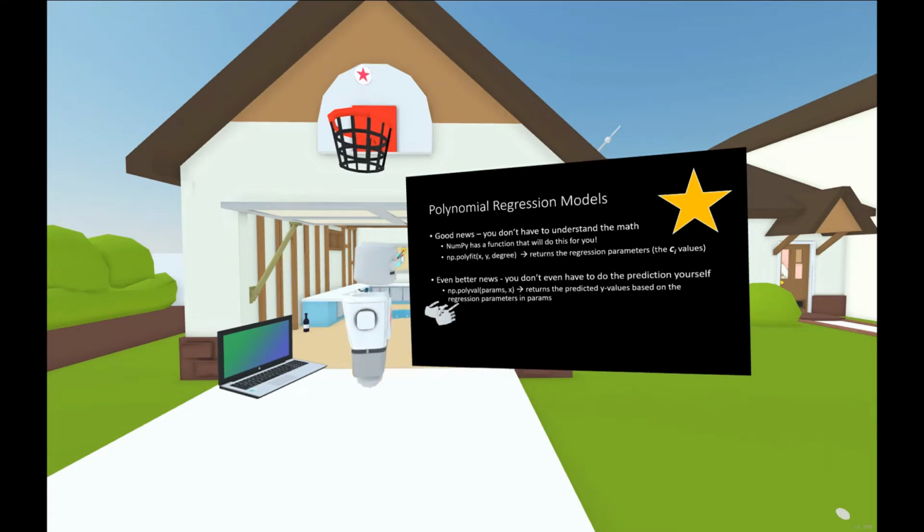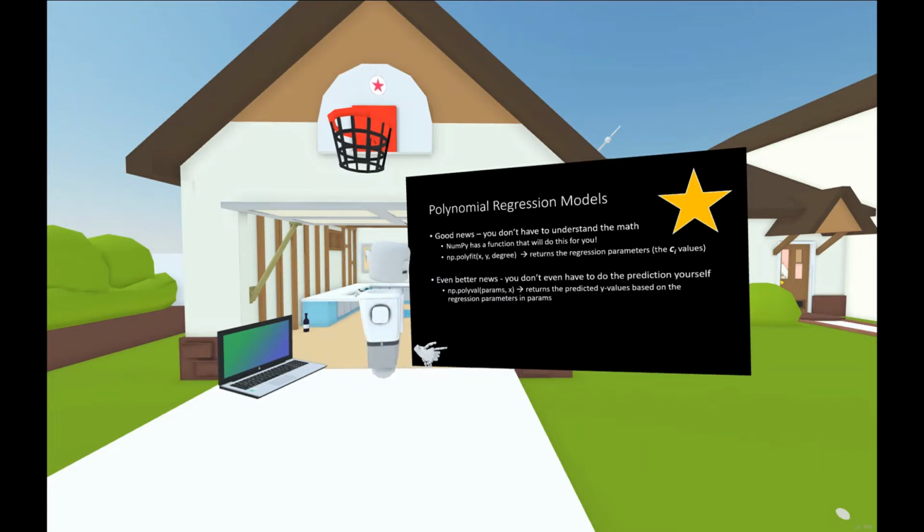Now, once you've got those constants, you can just do the math and do your polynomial modeling from there. But NumPy has that built in for you as well with the polyval function. With np.polyval, the first parameter you pass in will be the constants, the list of regression parameters that come out of polyfit. And then x is the list of x values that you want to do your regression for.